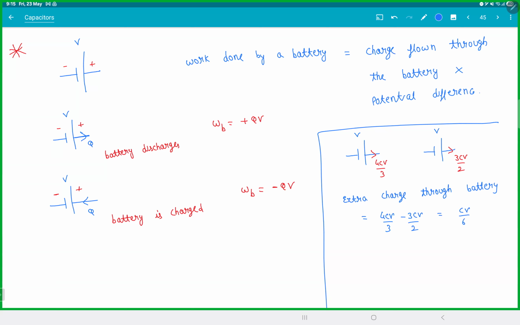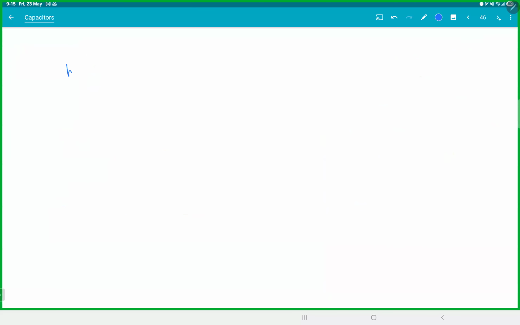This is CV/6. Therefore, work done by the battery is CV/6 into V, CV²/6. So the heat produced is initial energy plus work done by battery minus E final.